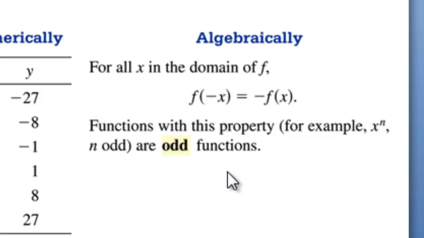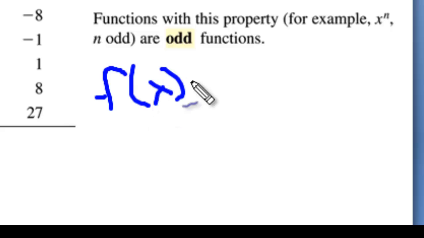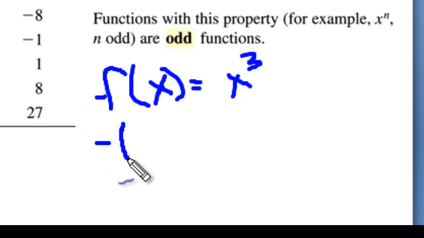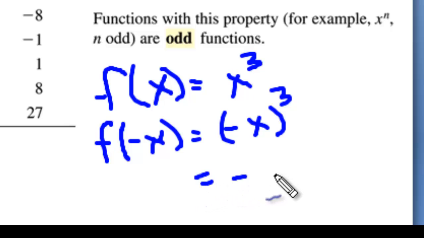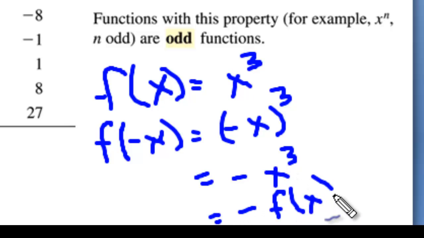And in this case, if it's symmetrical with respect to the origin, and we take f of negative x, we'll take our f of x equals x to the third. Now when we look at f of negative x, we get negative x to the third. When you raise something to the third power and you have a negative, that's the same thing as negative x to the third, which is negative f of x.